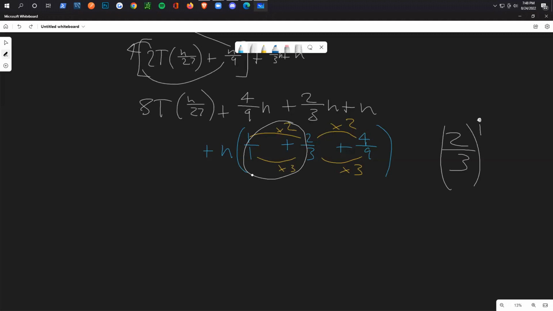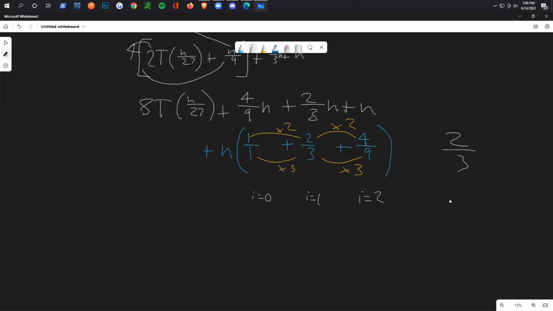It starts from i equals 0, because otherwise how else would you get a 1 over 1? Then it turns into 2 over 3, 4 over 9. So we start at i equals 0. And then we go i equals 1. And we end at i equals 2.